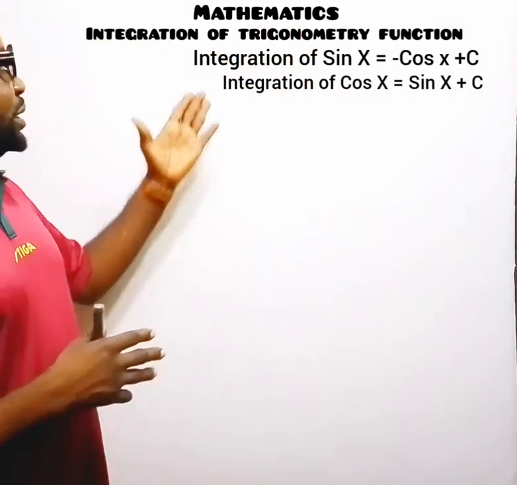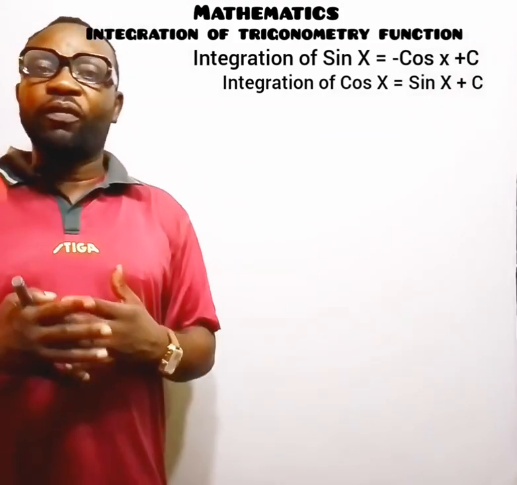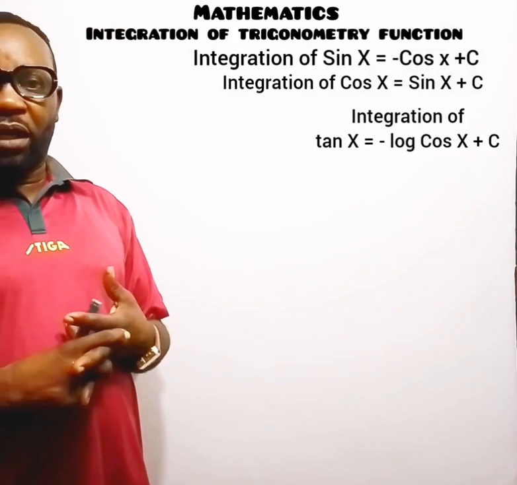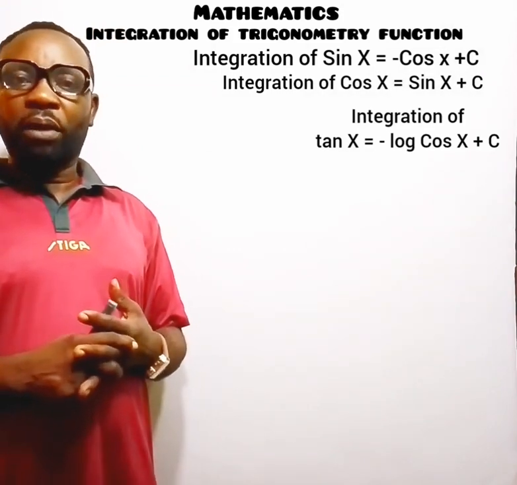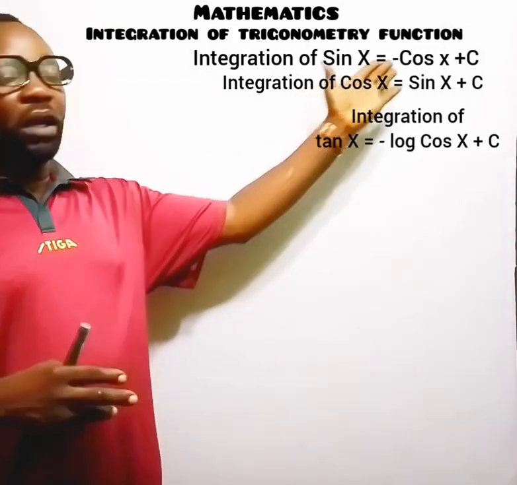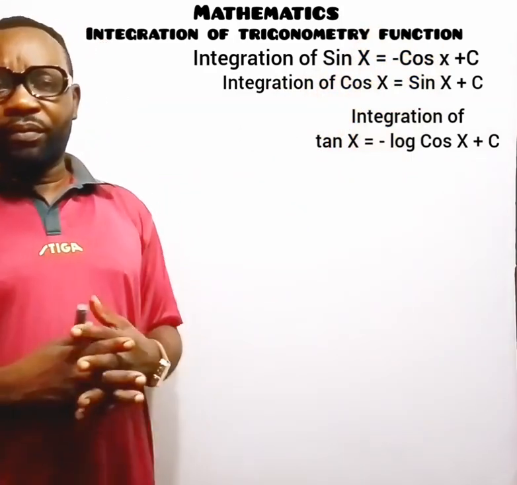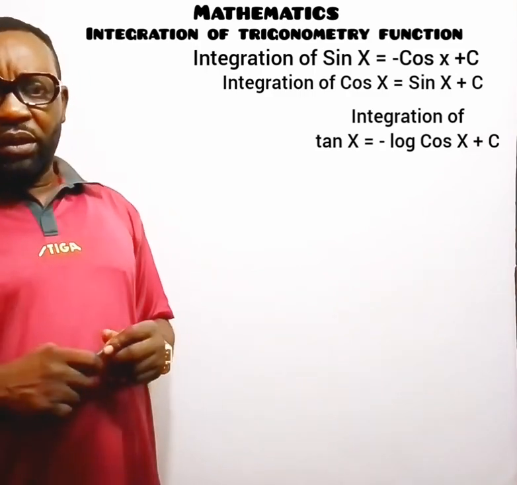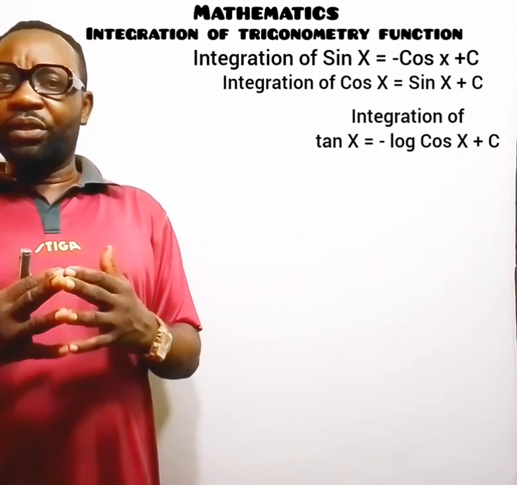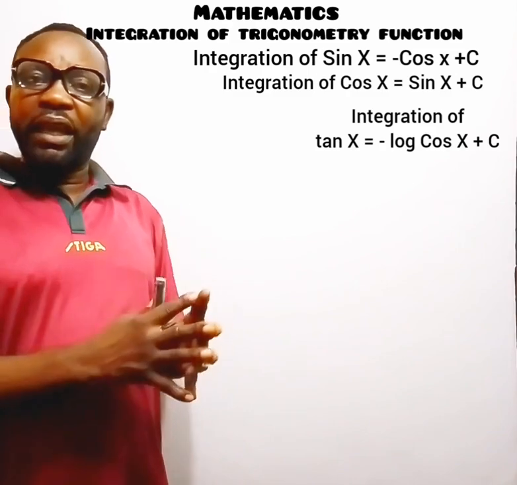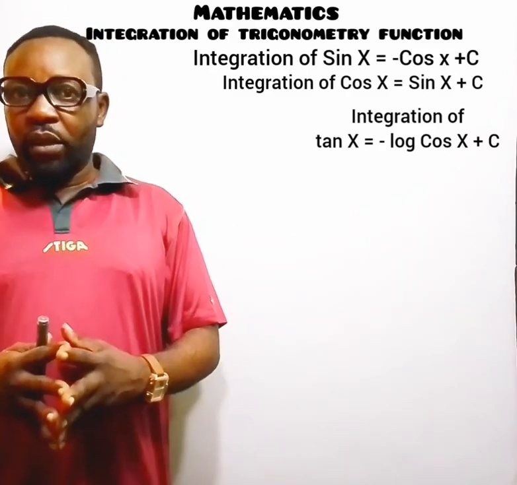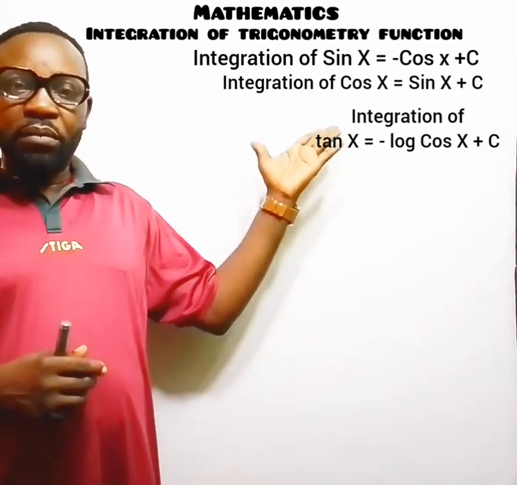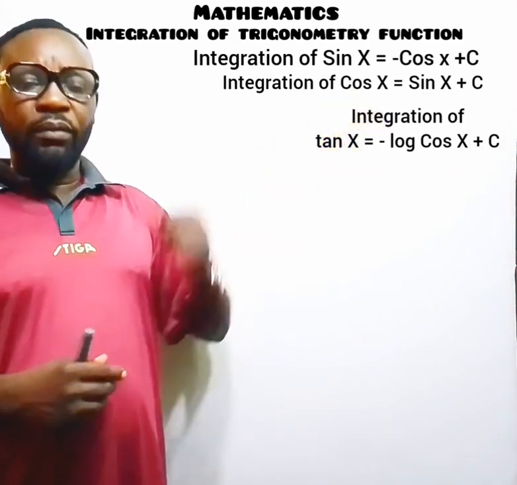The integration of tan x is given to be minus log of cos x plus c, the negative value of log of cos x plus c. In differentiation, the differentiation of tan x is sec square x, which cannot be interchanged with one another to get log x.